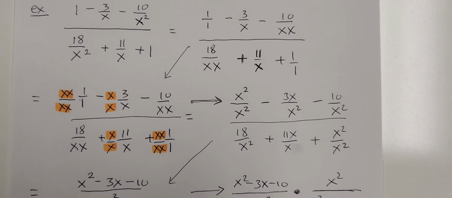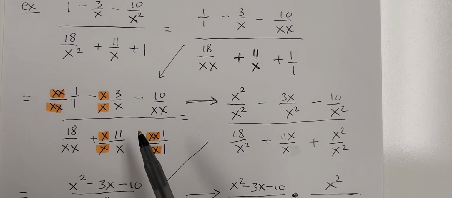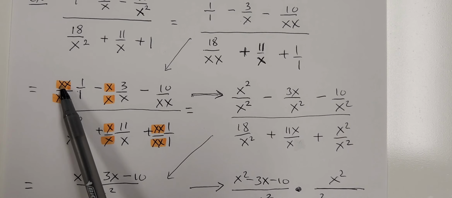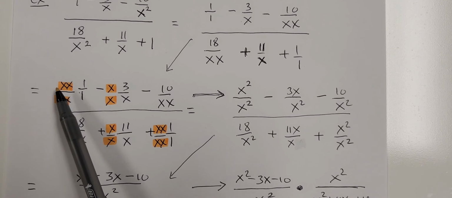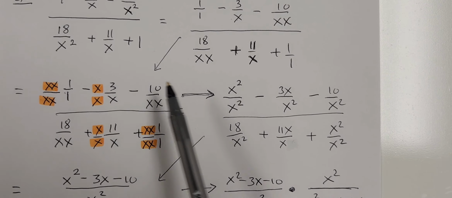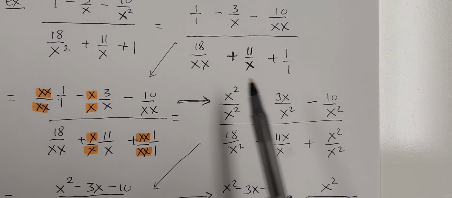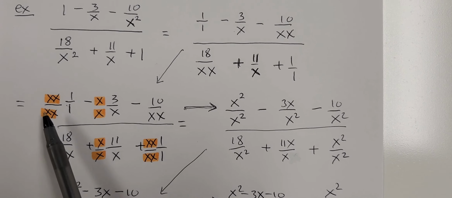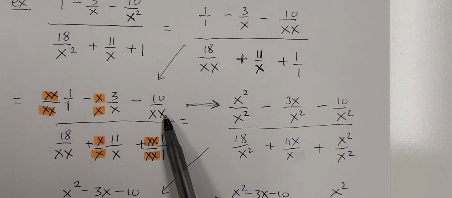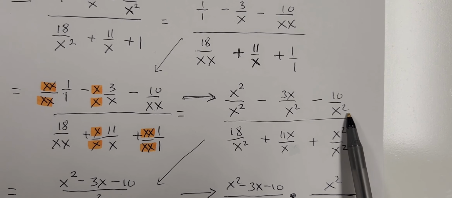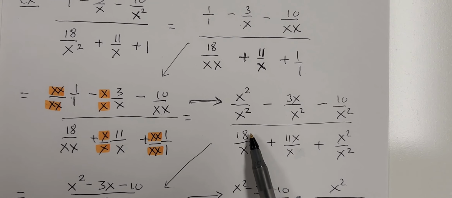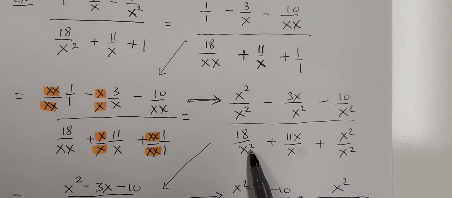Okay, now once I have all that, I'm going to go from here to over here just by multiplying them. The 2 x's times 1 is back to itself. X times 3x, and then 10 is by itself. And as you can see, all 3 denominators are x squared, so I leave that alone. Okay, now do the same thing with the bottom. 18 over x squared, it's already the way it is, so leave it alone.